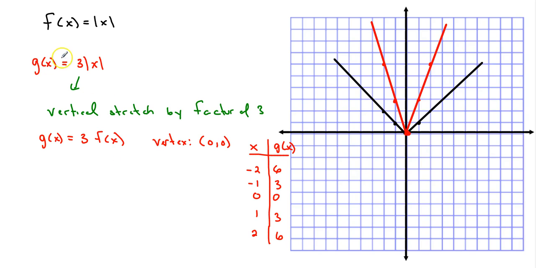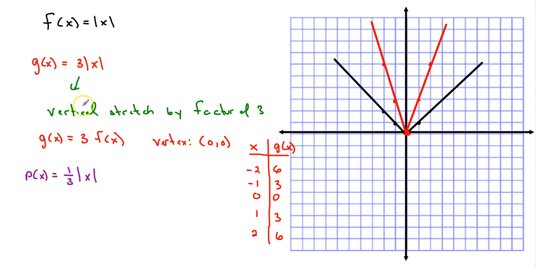But rather than saying g of x equals 3 times the absolute value of x, let's go p of x equals 1/3 times the absolute value of x. So we can see the difference of what a 3 does to your function and what a 1/3 does to your function, right? A vertical stretch of 3 versus a vertical shrink of 1/3.